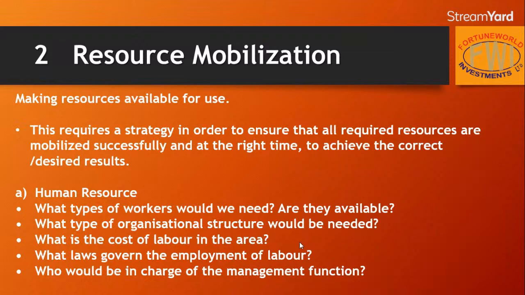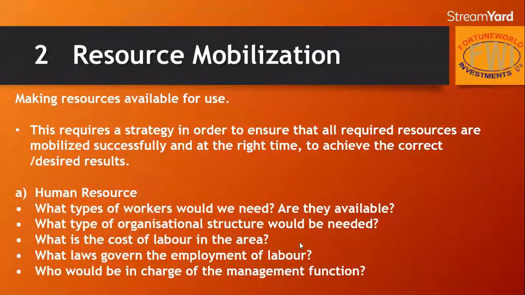Then you will know the type of people that you need. The first question that you will ask yourself is, what type of workers would we need? Are they available in that area? Are they readily available? Will I be able to find this type of resource?